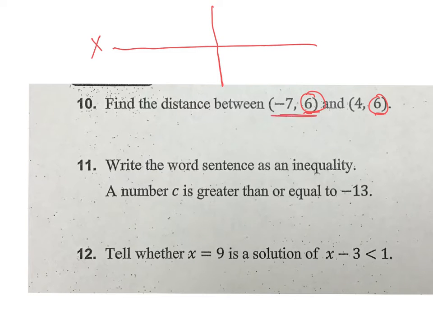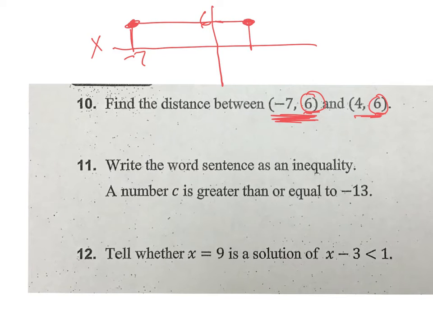So this first one here is going to go up 6, and over to -7. Now this one is going to go over +4, up to 6.